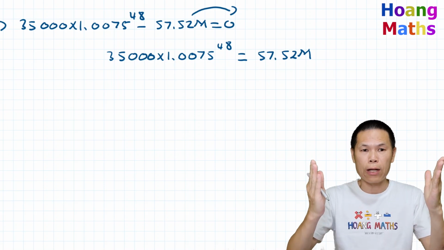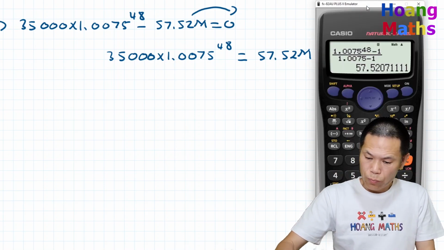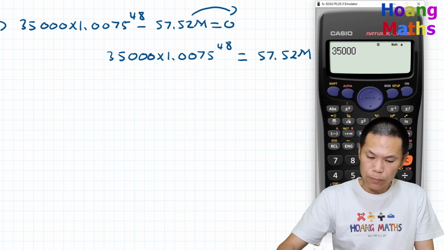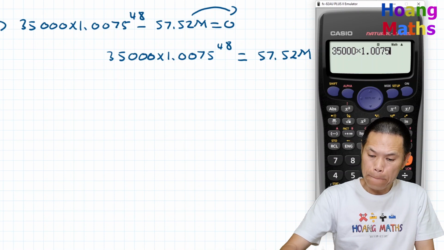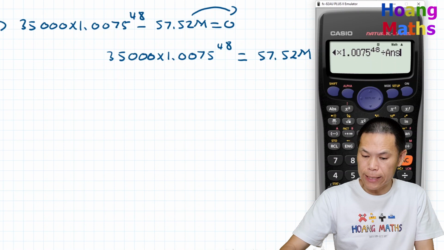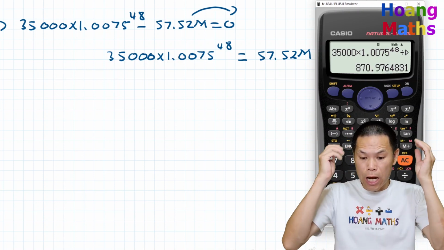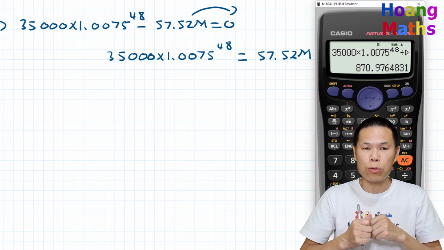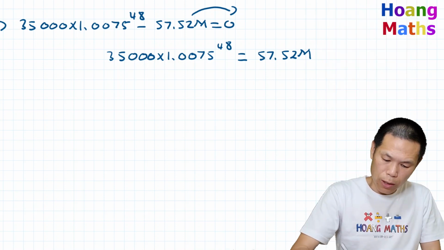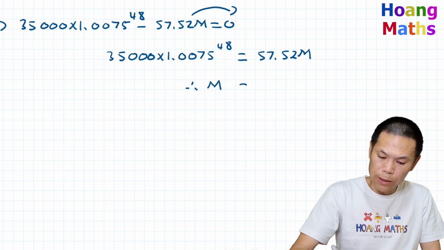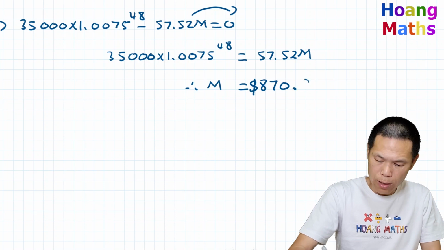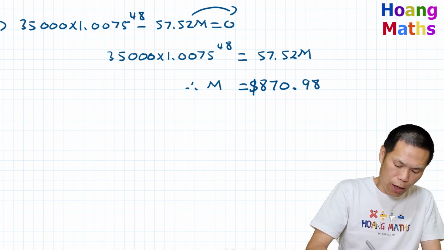I just put it on a calculator: 35,000 times 1.0075 power 48, and then we divide by the answer. So there you go, $870.98, correct to two decimal places. So therefore, M is equal to $870.98.